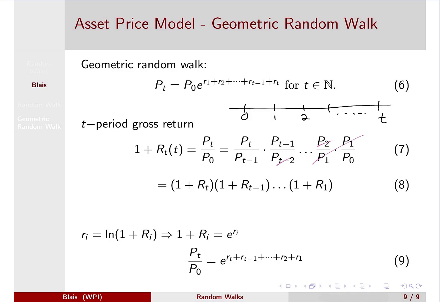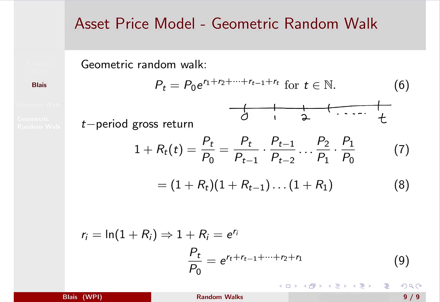But when we write it this way, we note that this first term, p_t over p_{t-1}, is the single period gross return for day t. The second term is the single period gross return for time t minus 1, all the way down to the single period gross return for the first period.